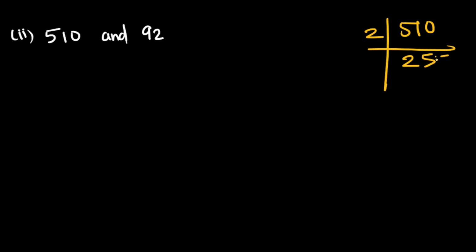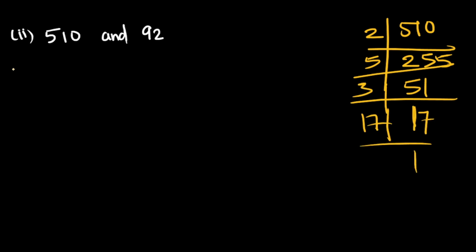Then 2 5s are 10, so we'll have 255. Then we divide by 5, since it is ending with 5. 5 5s are 25, then 5 1s are 5. So 51. So the prime factorization of 510 is 2 into 5 into 3 into 17.